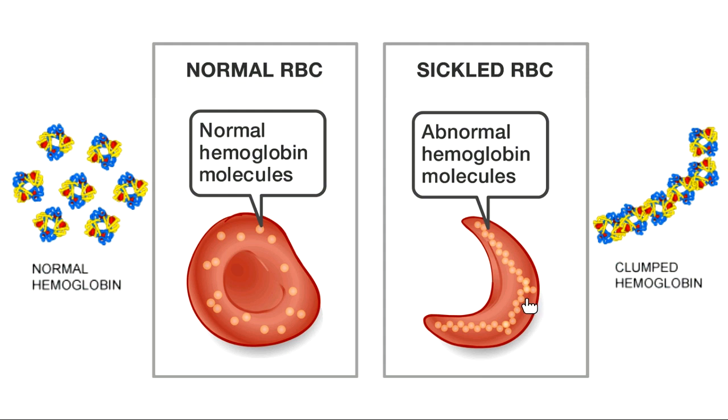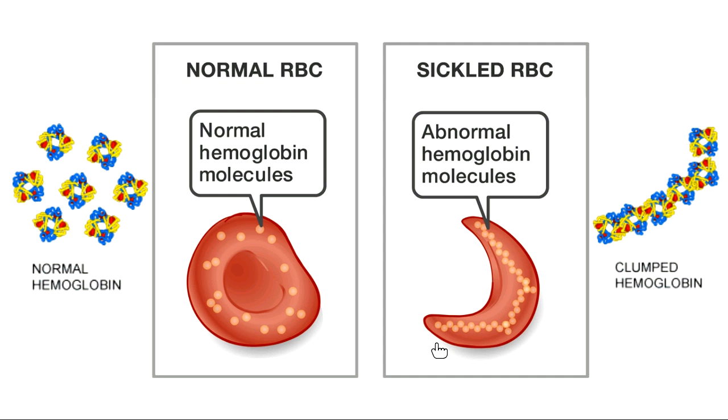So we end up with something that's called a sickle shape. A sickle is a tool that they would use when harvesting wheat. It's kind of like a curved blade. So we get these sickled red blood cells, or sickle cell anemia. Compared to a normal red blood cell that's supposed to be a flat disc, we've got a very different shape in a sickled red blood cell.